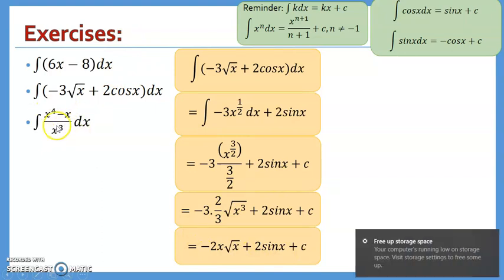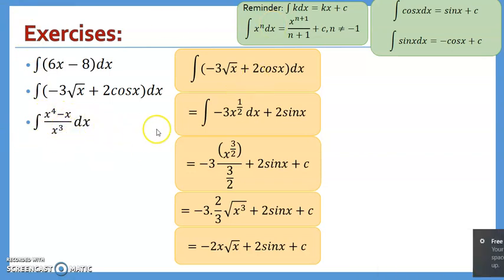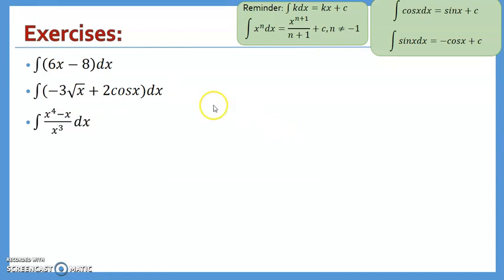For the third one, how can we do it? It doesn't have the form x power n, and it's not a constant, it's not trigonometric functions, so we need to change the form of this fraction. So what's the only way to change the form of this fraction? The only way is to split the numerator.